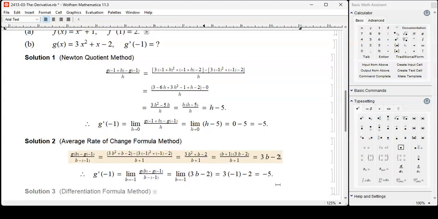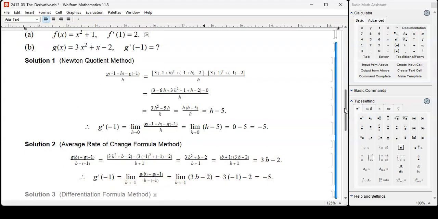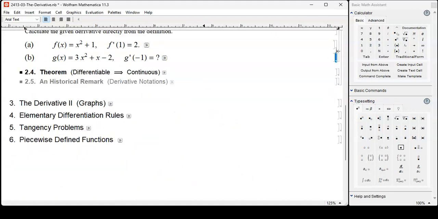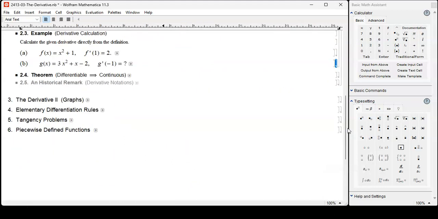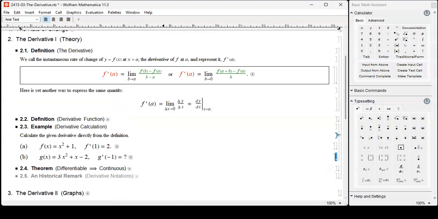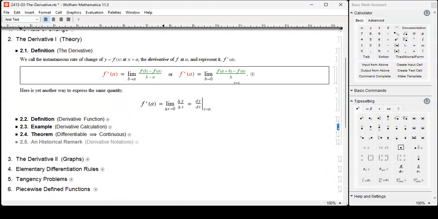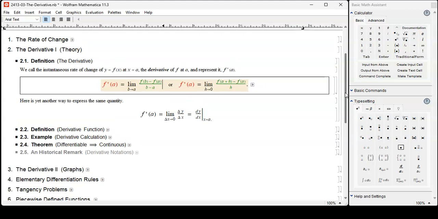Factor, simplify, and then plug in. So we went through a couple of exercise problems, and we used both expressions, Newton quotient method or average rate of change method, either way.